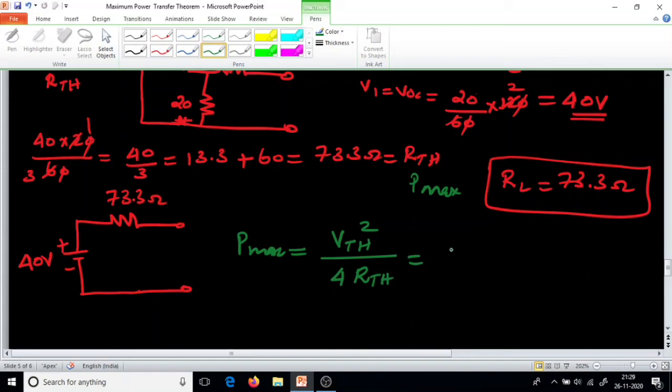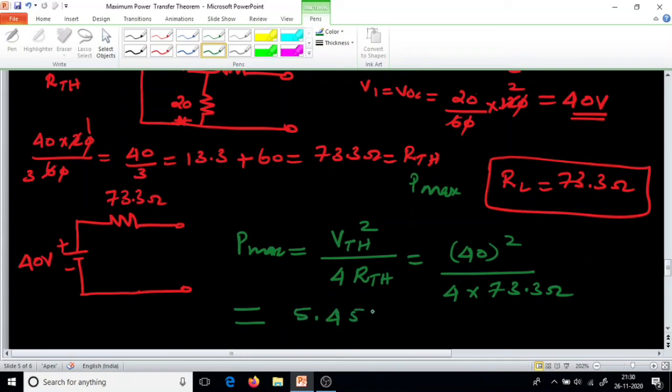That is equal to 40 squared divided by 4 times 73.3 ohm. It comes to 5.45 watt. I used a calculator. You can solve it yourself.